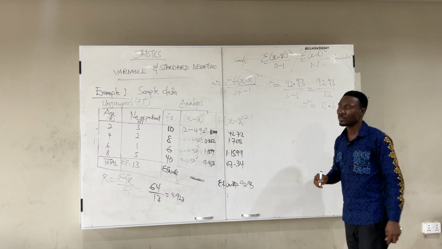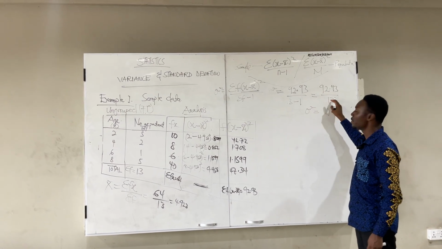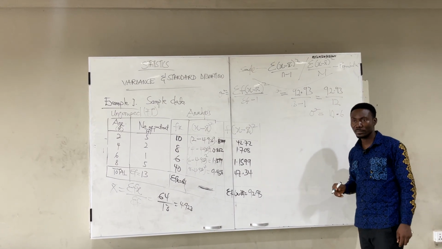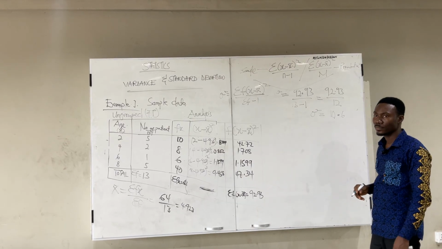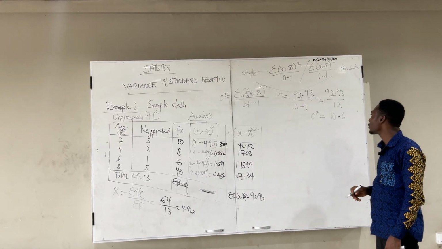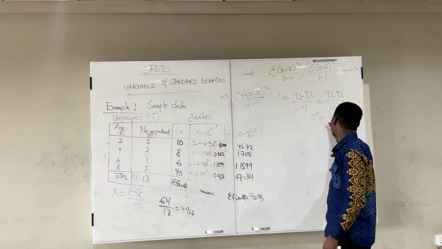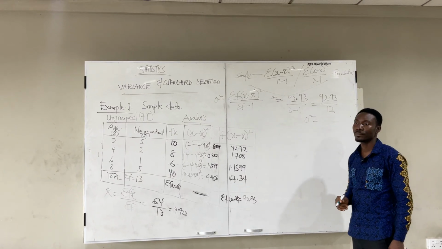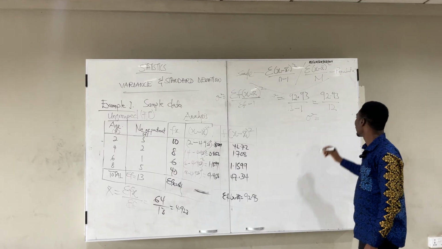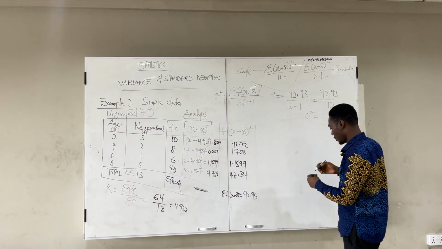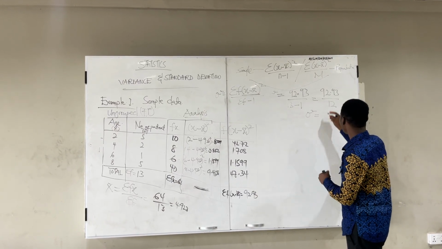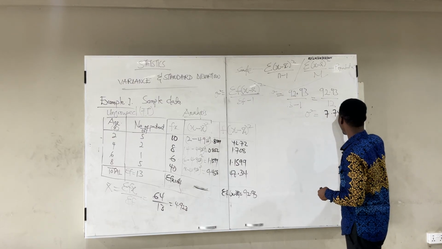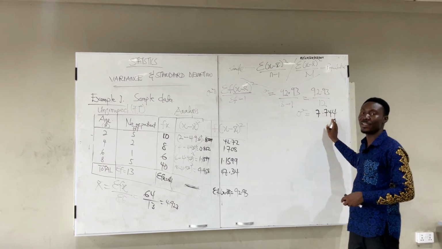92.93 divided by 12 gives 7.744. So this is the variance.